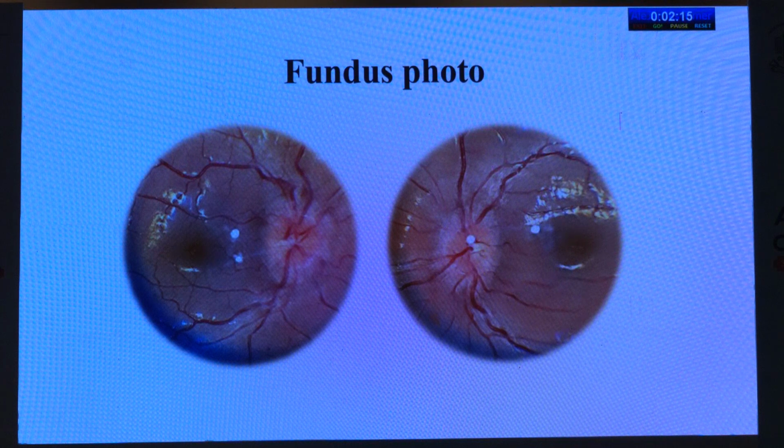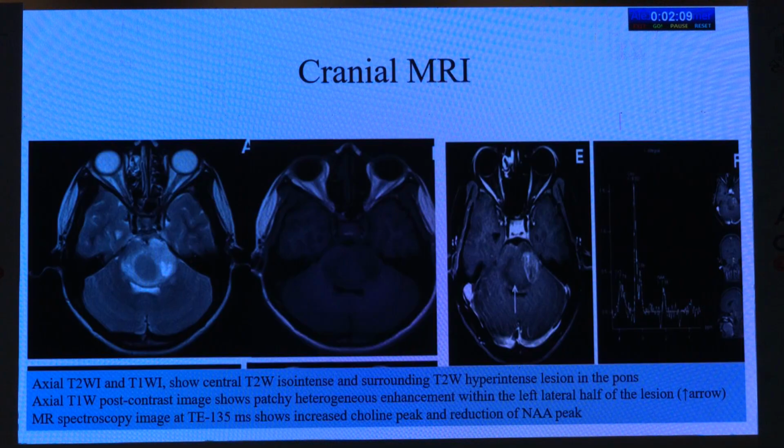Naturally thinking there could be a rise in ICT, we advised neuroimaging. If you look at this T2 axial, you can see an intense surrounding lesion in the pons area.